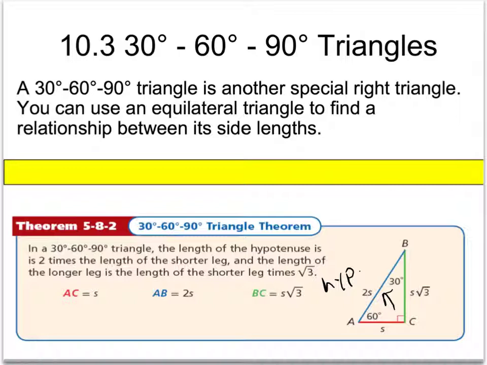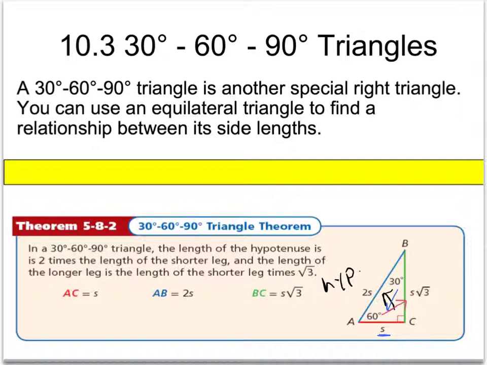Now, how do we know which one's the shorter leg and which one's the longer leg? Well, the short side is always opposite the smallest angle, so it's always opposite the 30-degree angle, which means your longer side is opposite your 60-degree angle.